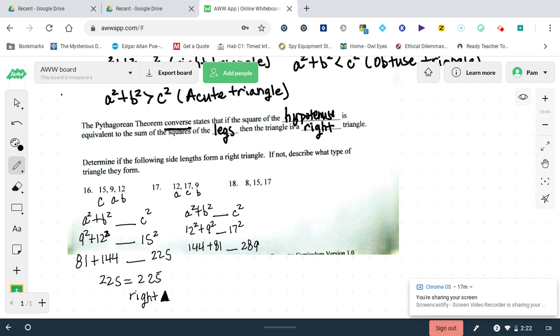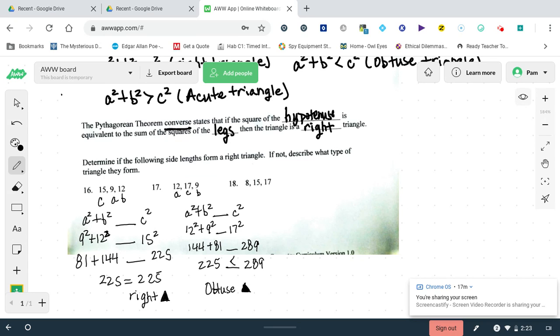Well, that gives me 225 compared to 289. 225 is less than 289. If it's less than, it forms an obtuse triangle. If a squared plus b squared is less than c squared, it forms an obtuse triangle.